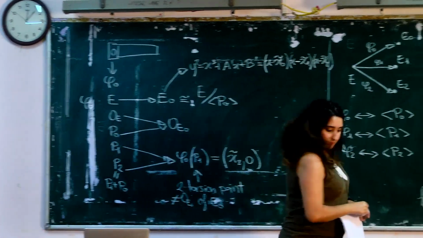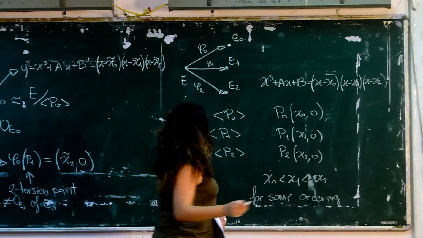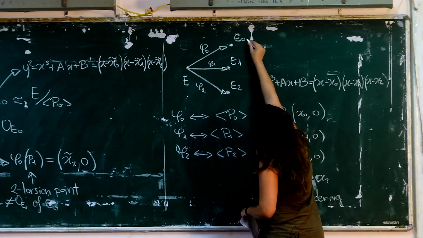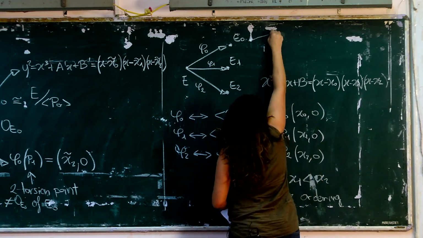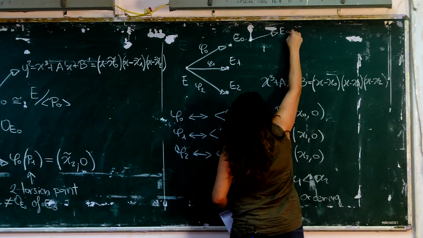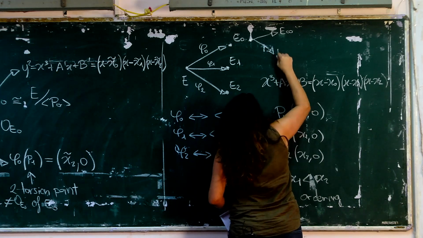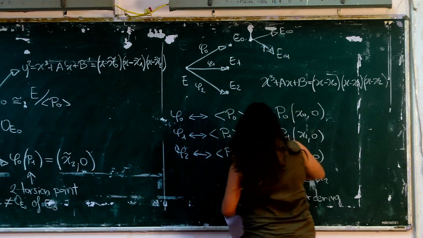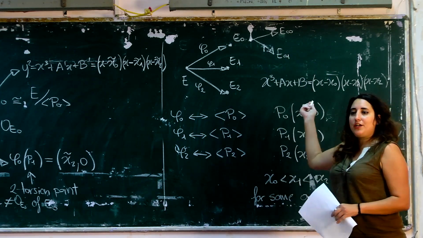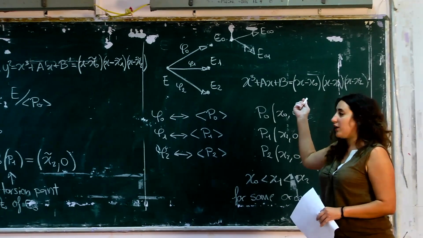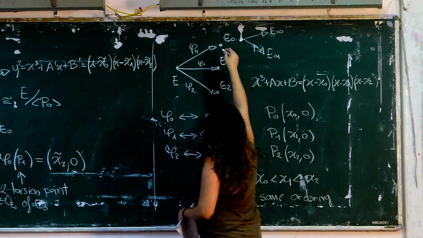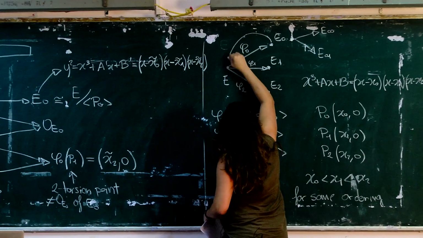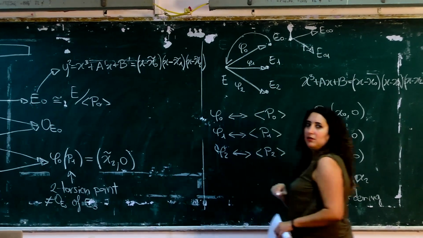Because I told you that after this, how many edges? 2, one goes to E00 and one goes to E01. But actually the edges are 3, so where is the other one? The other goes back here.